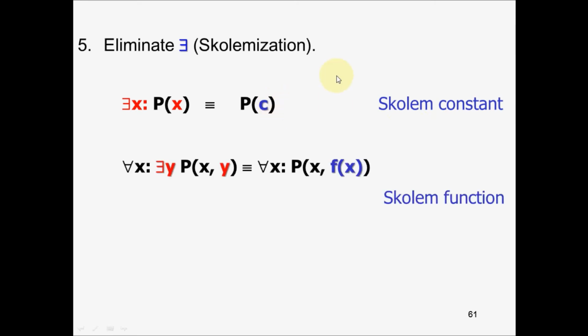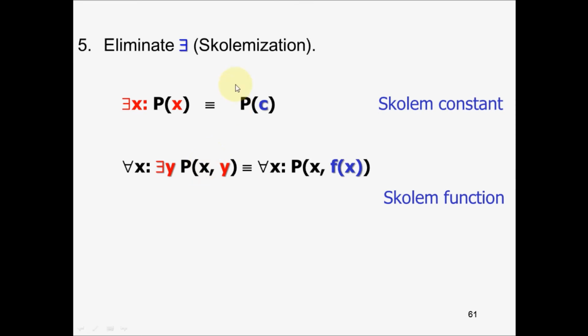That time we go for the second one, that's called as substituting this Skolem function. Now you see, in this particular expression, for all x there exists y such that p of x comma y is true. Now in such predicates, the value of y is dependent on the value of x.